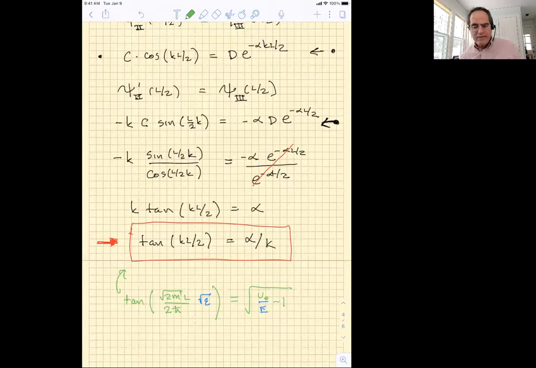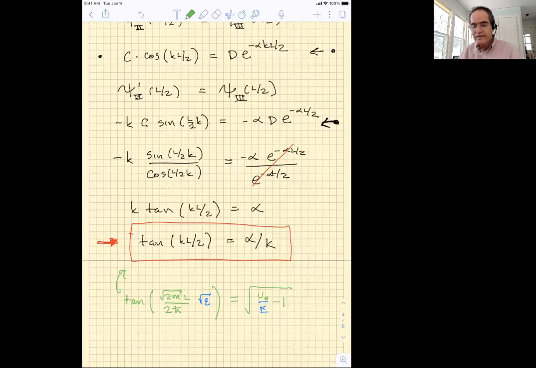Okay? Now I've written that second equation just to show you that both sides of the equation we've just written only depend on one unknown, and that's the energy of the state. Okay? So this is really an equation for the energy of the state.